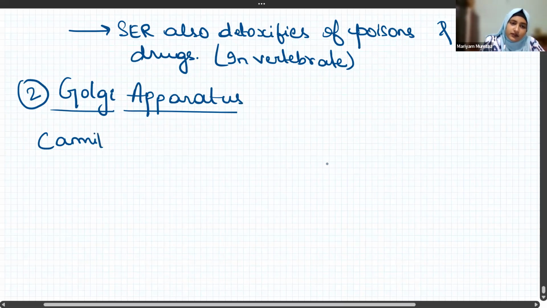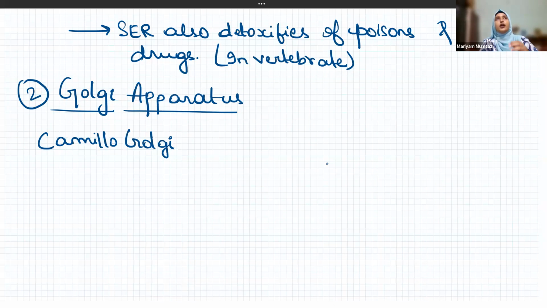There was a person named Camillo Golgi. Imagine somebody named Golgi. He was the person who identified or discovered the Golgi apparatus present in the cell. He named it, so that particular organelle was named after Camillo Golgi. Hence the name Golgi is here.